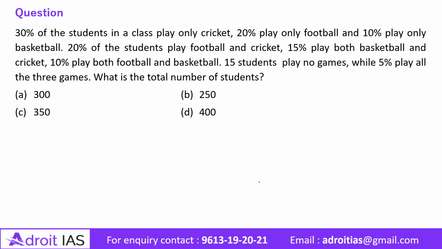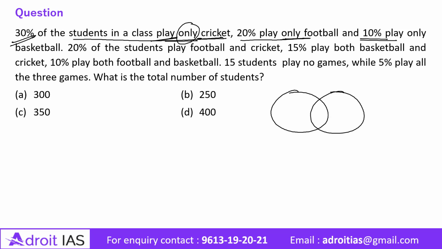Okay, next question says 30% of the students in a class play only cricket. Everyone, only cricket. If the question says play cricket, it is different than only cricket, right? Please mind it. 20% play only football. Okay, fine. 10% play only basketball. It is again a 3 attribute kind of question: cricket, football and basketball.